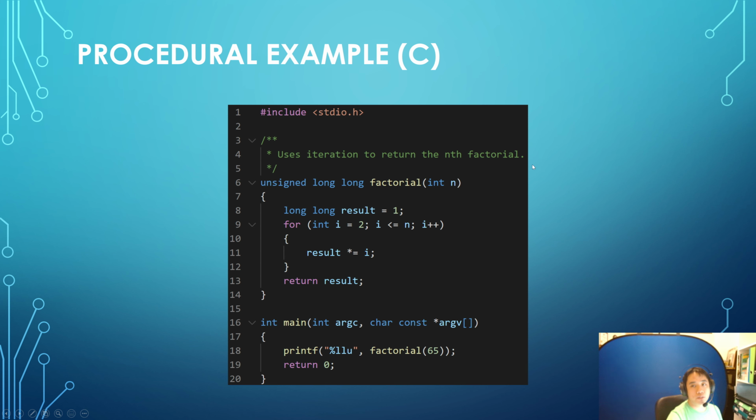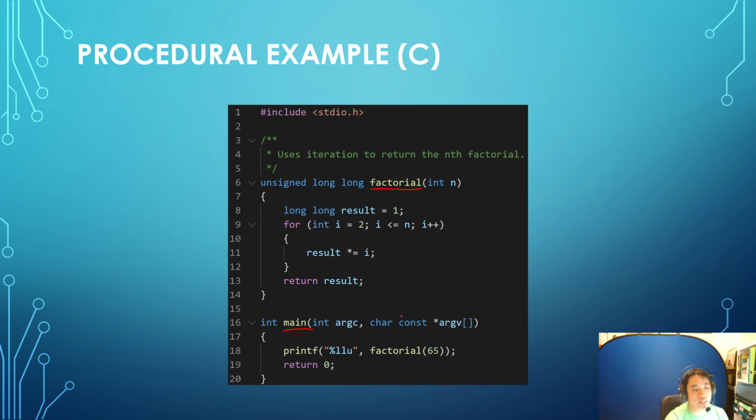Now, here's a procedural programming example, before we dive into object-oriented programming, so that I can show you the difference. In our case, we have the factorial function in the C programming language, and we also have a main function as well. The factorial and main functions split up what we basically want in our program. So we have the factorial calculating the nth factorial, and we have the main, which prints out the 65th factorial.